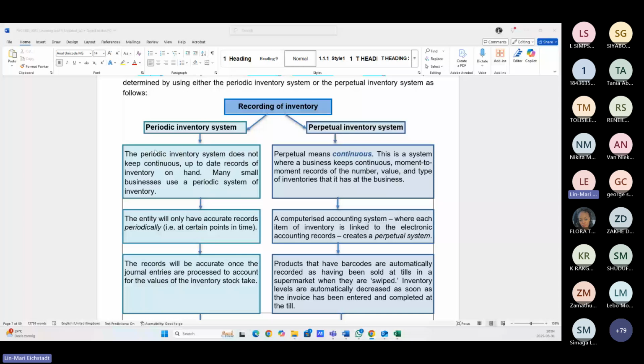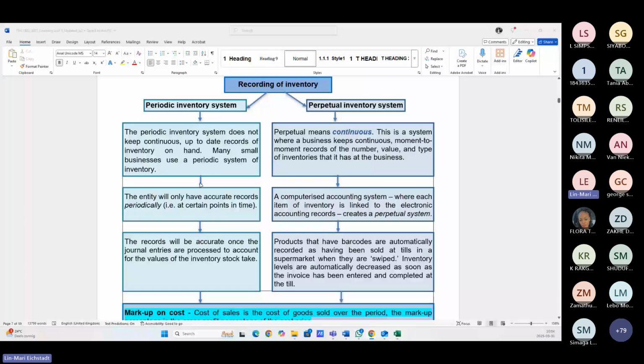Whereas for the perpetual inventory system, we normally have a computerized accounting system that shows us our number of stock items as we go along and their costs. The periodic one is normally for a company that's less complex and more inexpensive, whereas the perpetual one is normally for fast moving goods, for example, Pick and Pay, Checkers, those type of things.